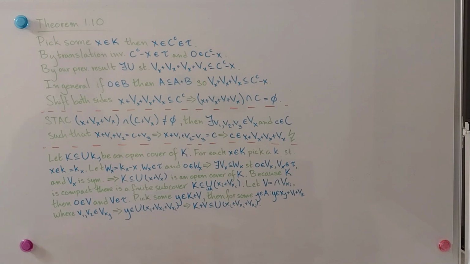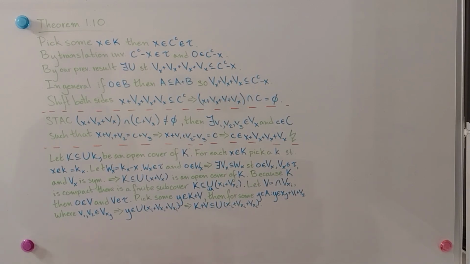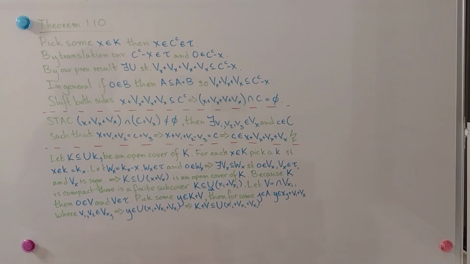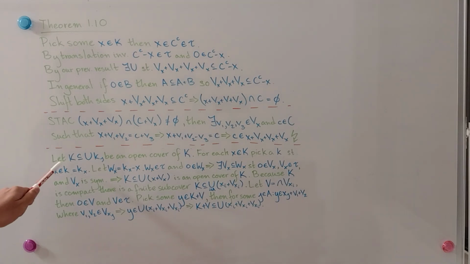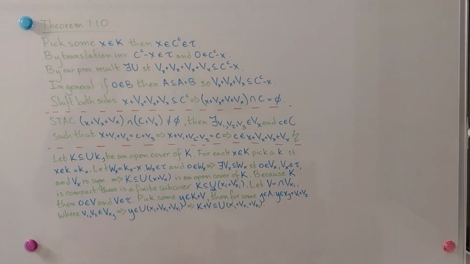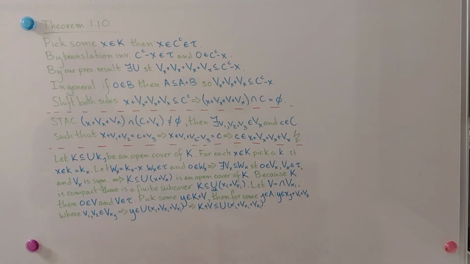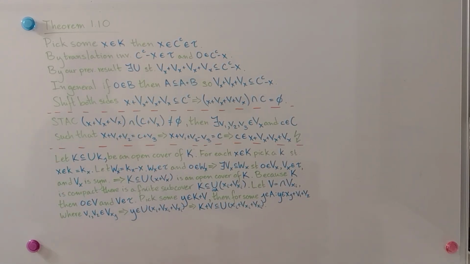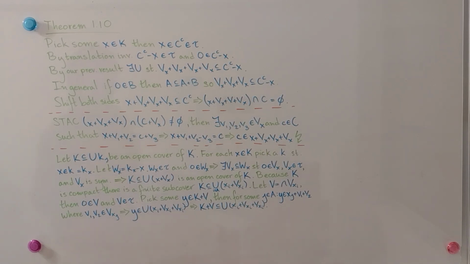Okay, next, we'll start by selecting an open cover of K. Then for each x in K, we pick one of these open sets, little k, such that x is inside the little k, and we'll rewrite it as k sub x. Now, you can construct this open cover such that there are many little k's that contain a single x, but I'm saying pick a single one, right?